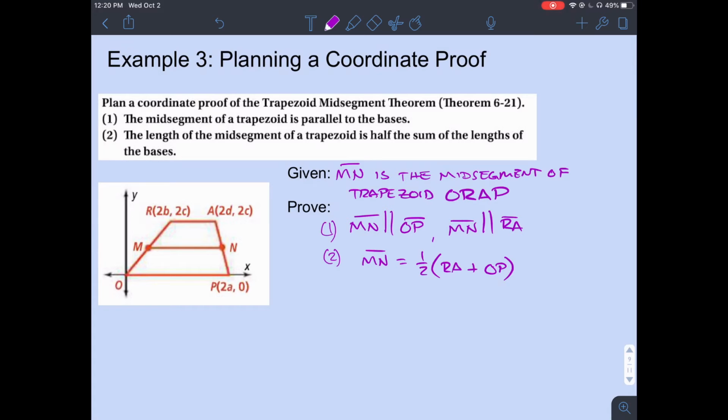So to start this proof, we're going to list the steps that we need to take. We're not actually going to do it. We're just going to talk about what we need to do.